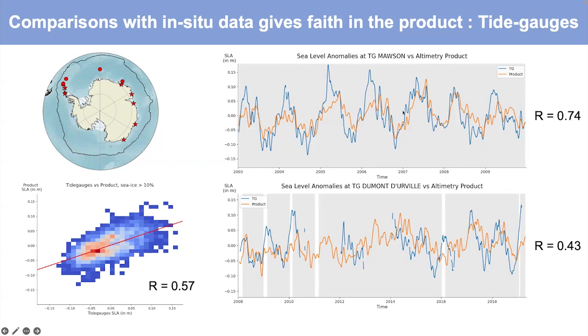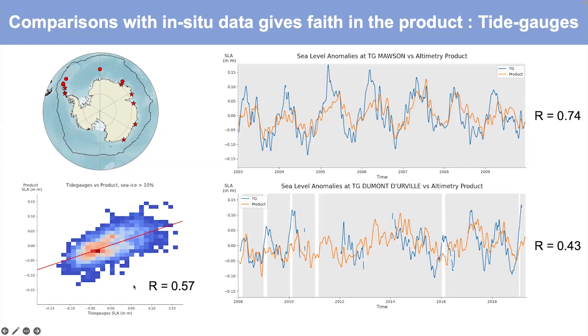So this is the comparison with the highest correlation coefficient, and this is the comparison with the lowest correlation coefficient. And this here is an aggregation of all data points from the tide gauges, which gives us in the end an R square of 0.57.